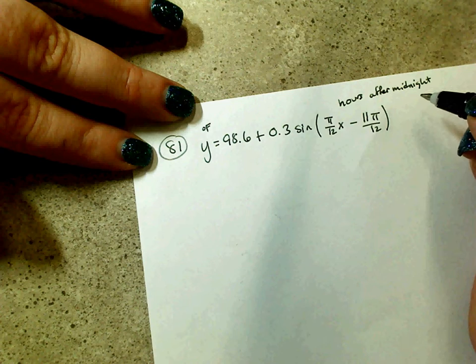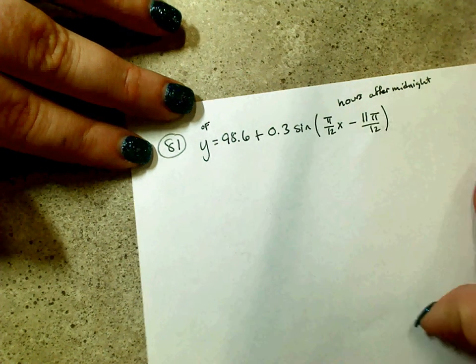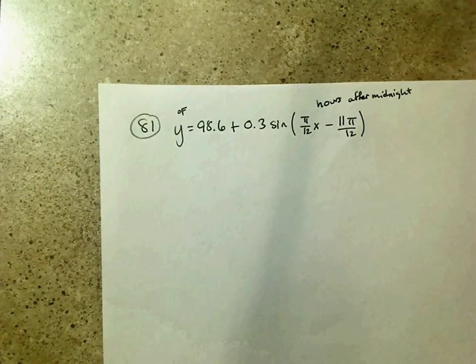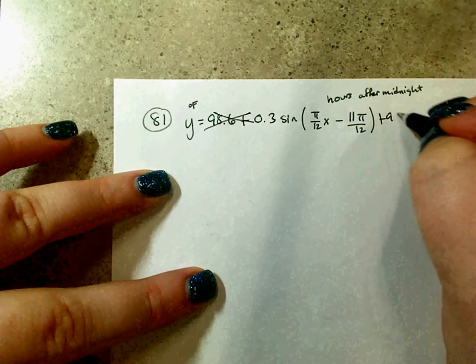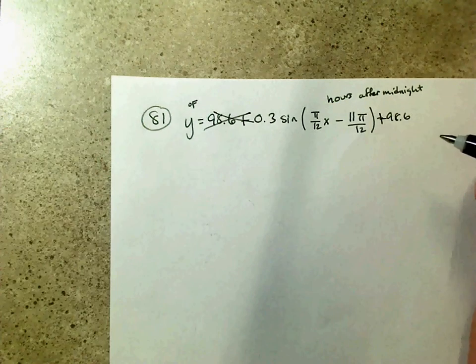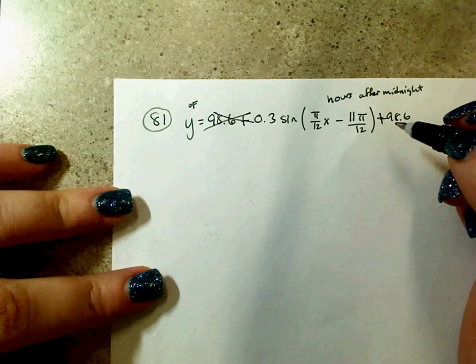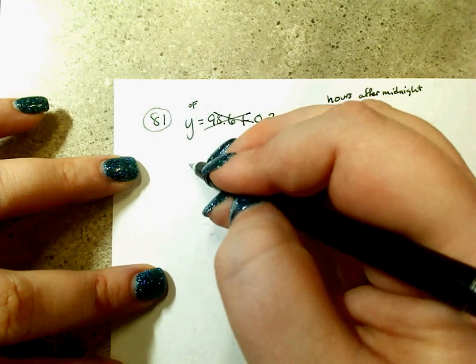So let's figure out the period and all that, right? The 98.6 in the front, it might as well just be plus 98.6 right here. So if you think about that, we're talking about what your temperature should be, 98.6, and then a slight variation in that, right? So we're going to kind of draw an x or a y.